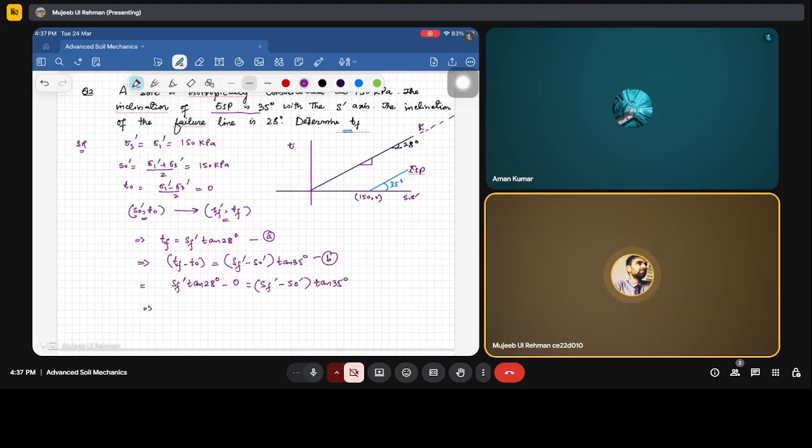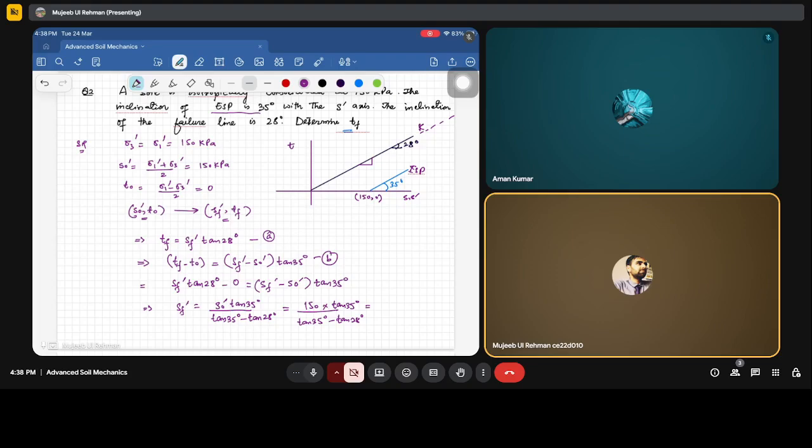So you will get SF dash is equal to S naught dash tan of 35 degrees divided by tan of 35 degrees minus tan of 28 degrees, which is equivalent to 150 into tan of 35 degrees divided by tan of 35 degrees minus tan of 28 degrees.